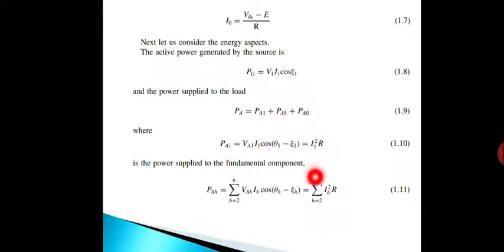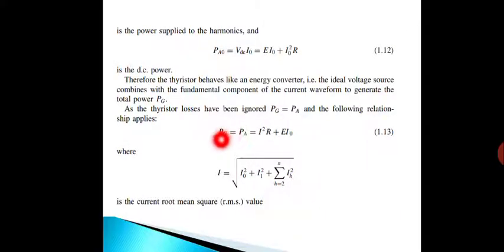If we ignore the losses caused due to the fundamental and the third, fifth and seventh harmonics, then we can have Pg is equal to Pa, that is equal to I square into R plus E into I naught, where I is equal to root of I0 square plus I1 square plus sigma h is equal to 2 to n IH square.